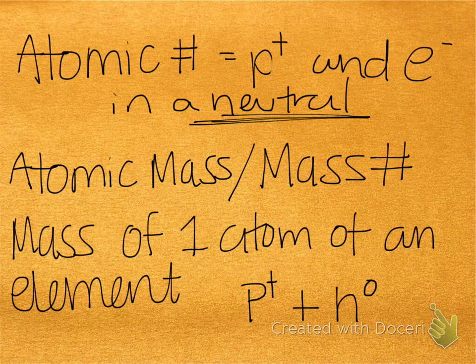So the mass of your atom is going to come from the nucleus, your protons and your neutrons. Electrons have a very, very small mass in comparison, so even when we add up hundreds of electrons, it does not contribute to the overall mass because they are so small. So your atomic mass here is equal to your protons plus your neutrons.